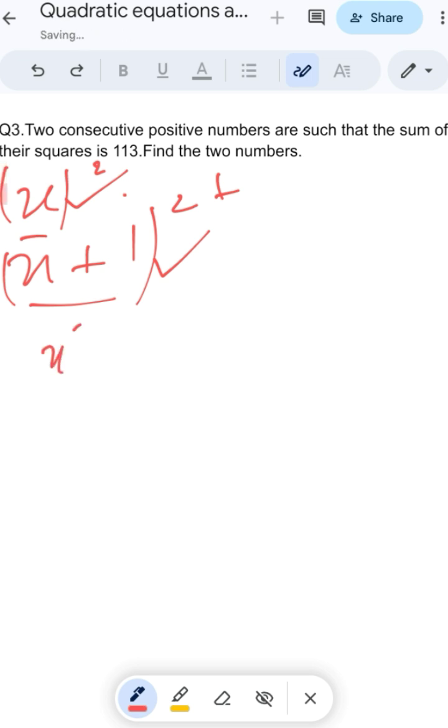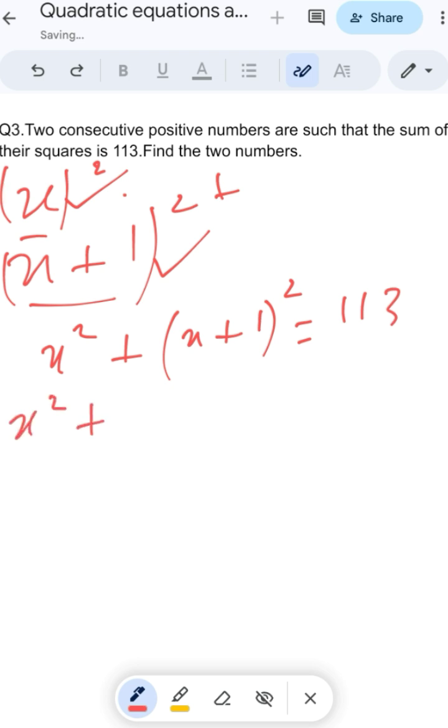So x square plus x plus 1 whole square is equal to 113. Okay, now let's simplify this x plus 1 whole square into the a plus b whole square form, is equal to 113.